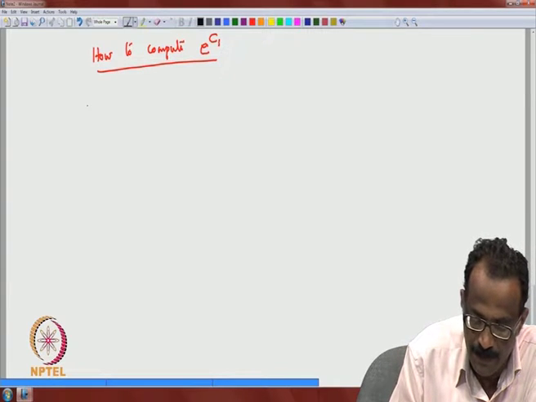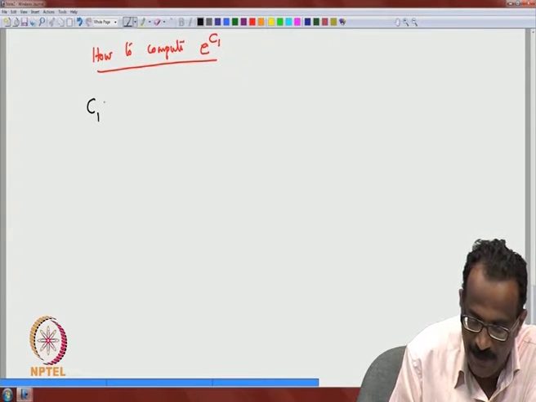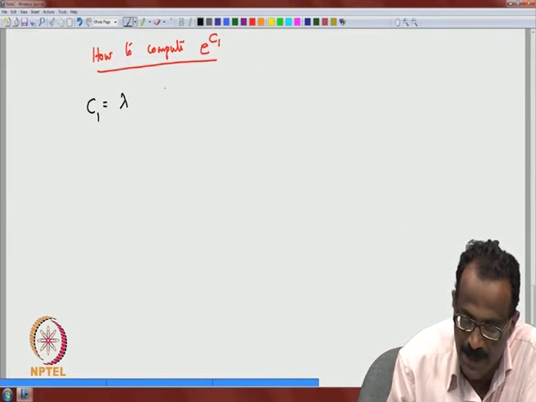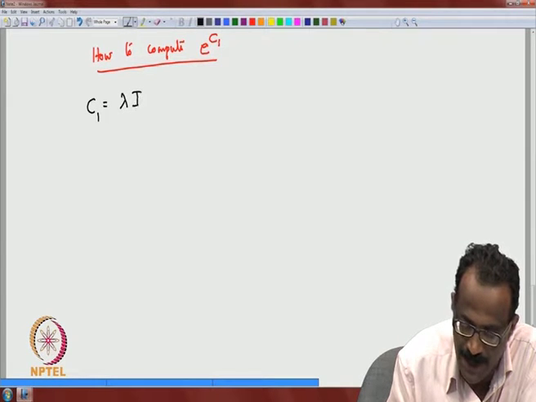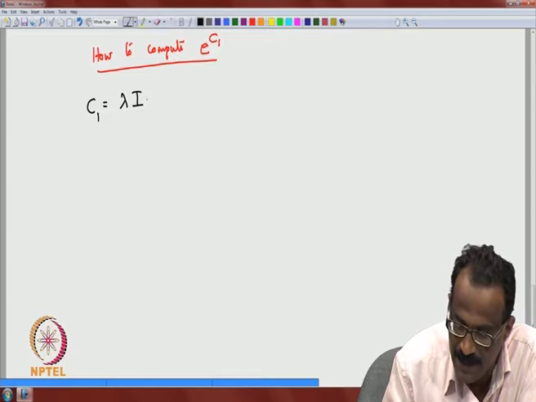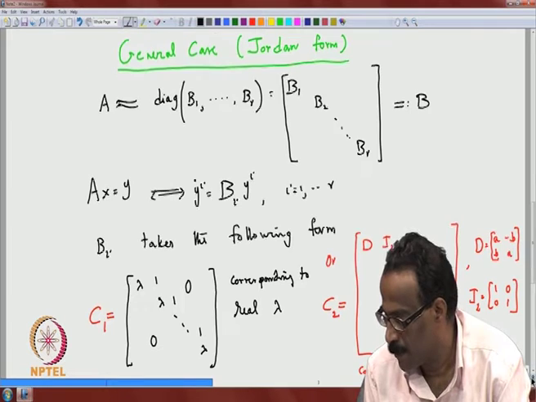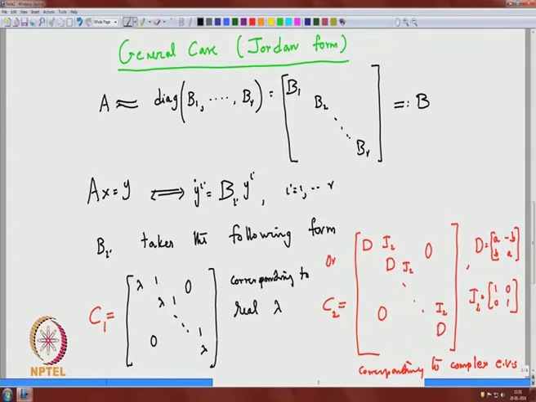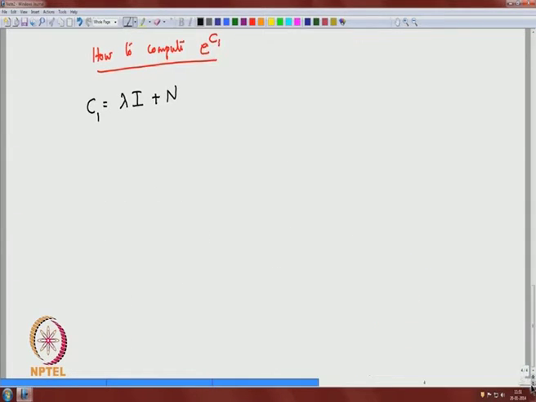Look at C1: I can write it separately as lambda times the identity, of some order, plus N. I separate it so that I keep only the diagonal entries, with 0 everywhere else, plus N, which has diagonal entries 0 and 1 as the off diagonal entries.